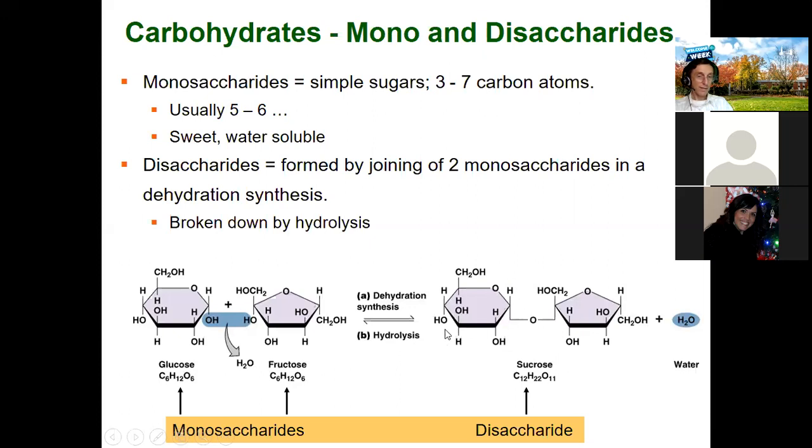You can break that down into fructose and glucose by hydrolysis. If you don't know, fructose is the sugar found in fruit, and glucose is the sugar found in your blood. Glucose is the base sugar, and so you can find glucose in many places.